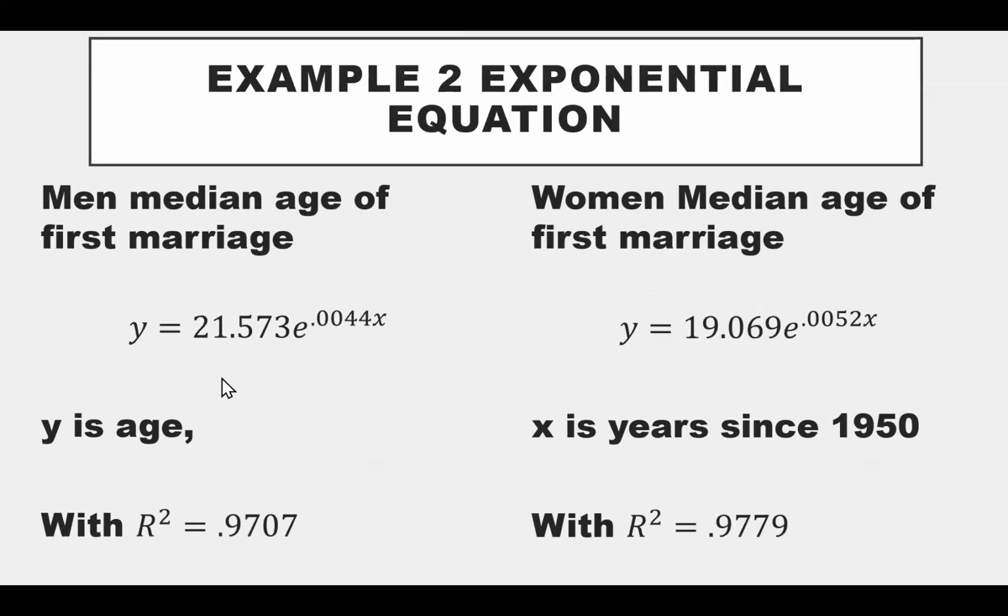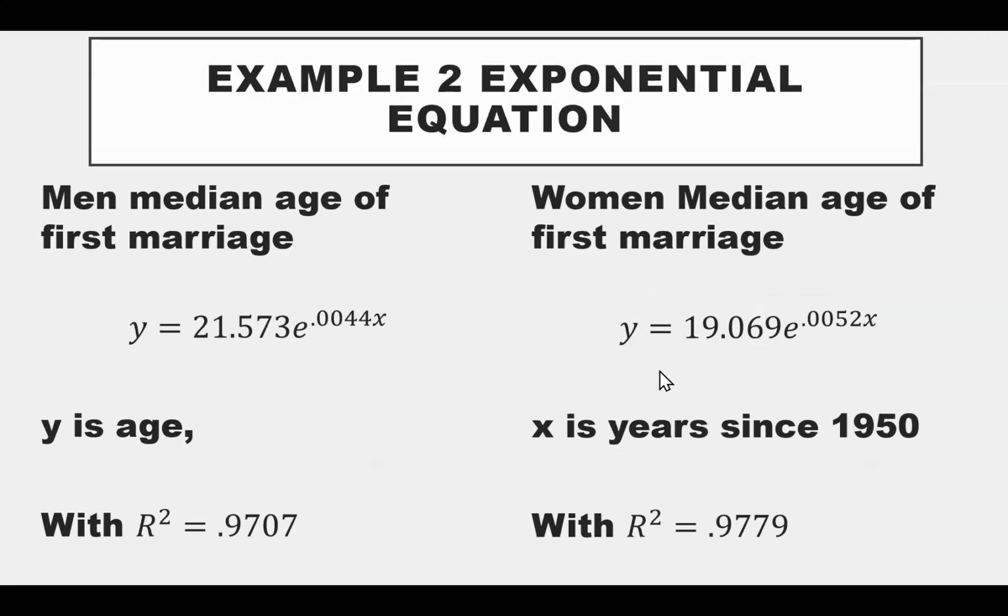The men's median age at the time of the first marriage is given by this. Y equals 21.573 times e to the 0.0044x, with an r squared value of 0.9707.